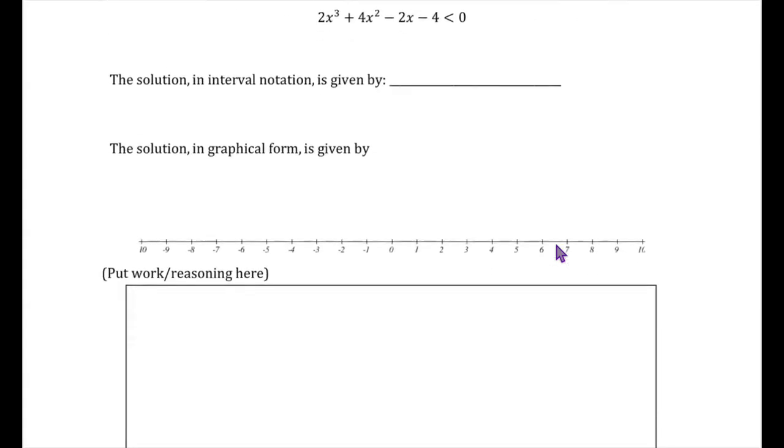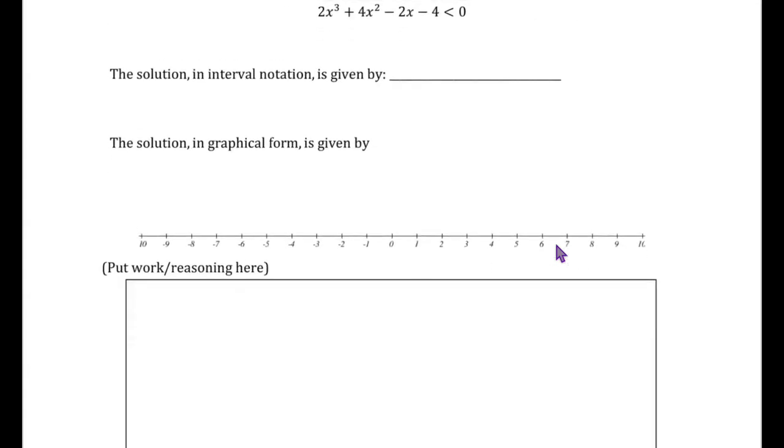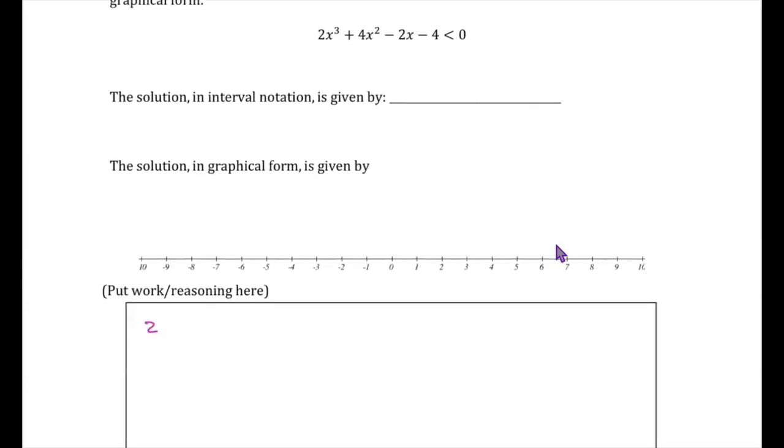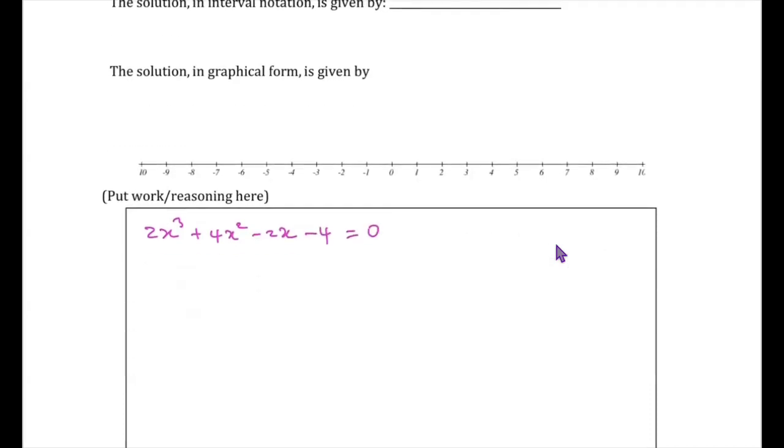So we want to first solve the equation 2x cubed plus 4x squared minus 2x minus 4 equals 0. We want to see where it equals 0 so we can break down the number line with the solutions.